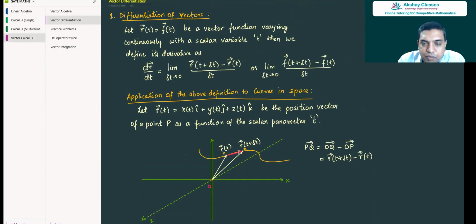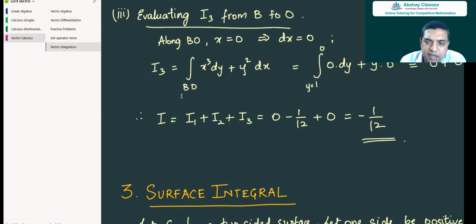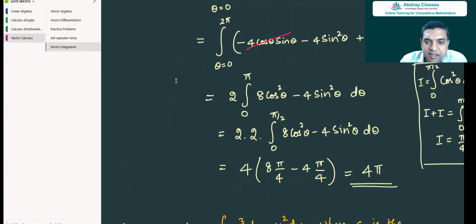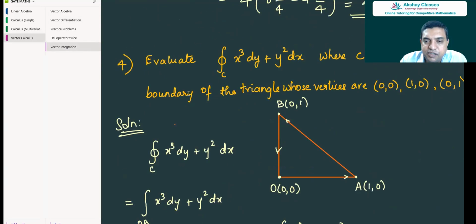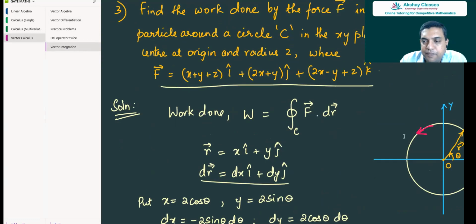So this PQ, when dr is very small, is a tangent. So a line integral is like integrating along that line. When you are doing f dot dr, you are taking the dot product with the tangent of that curve.